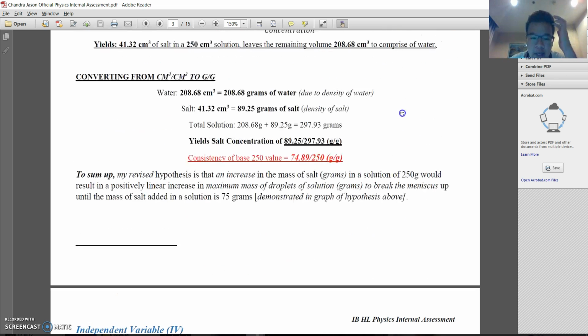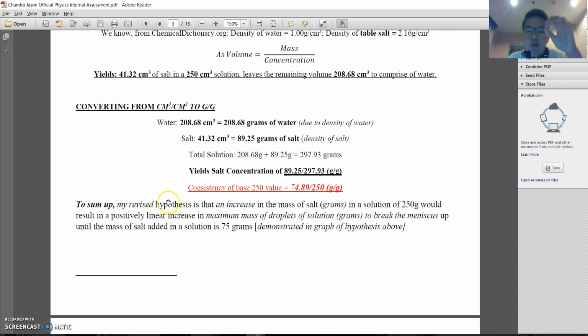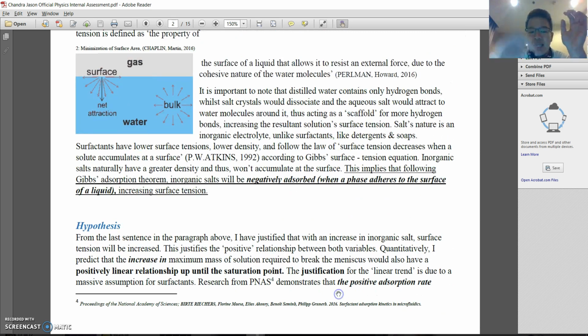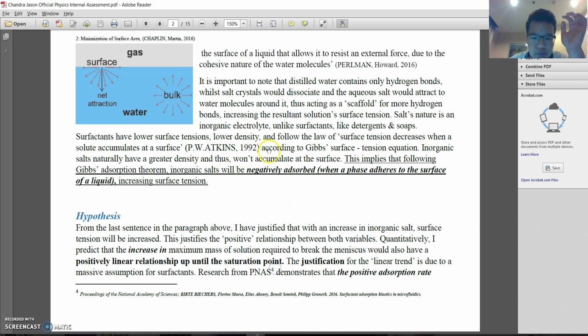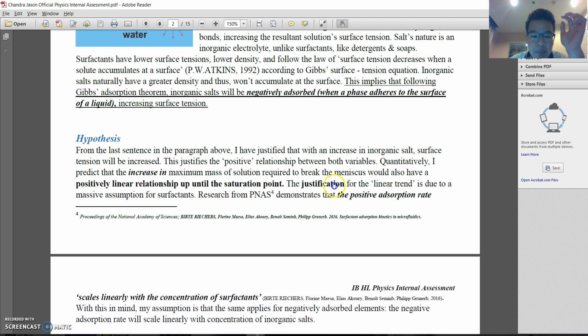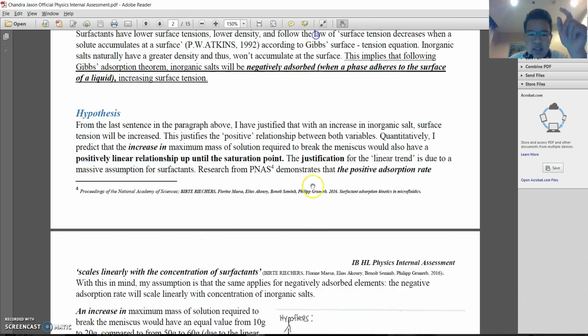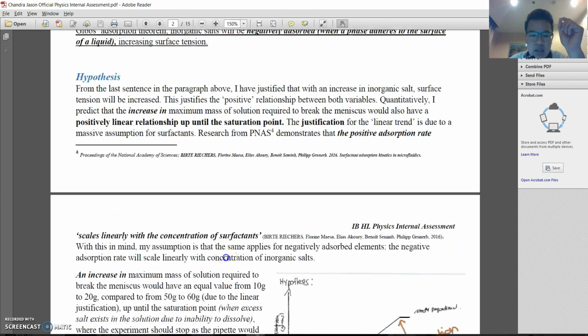So I justified, or I gave background information of why it is a positive linear increase. I demonstrated why it was a positive increase because of this theory right here, and I stated why it was linear because of this theory right here.